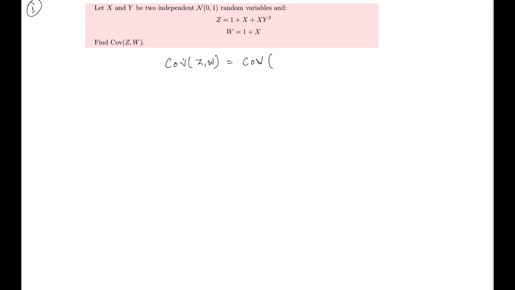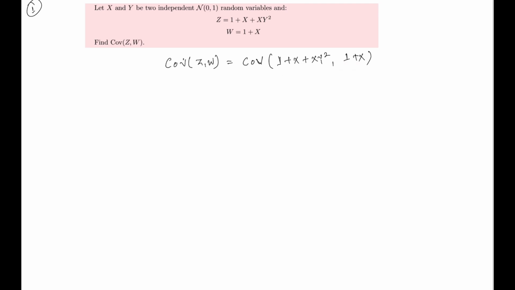So we will try to make everything in terms of x and y. z can be written as 1 plus x plus xy squared, and w can be written as 1 plus x. So we need to find the covariance between these two.